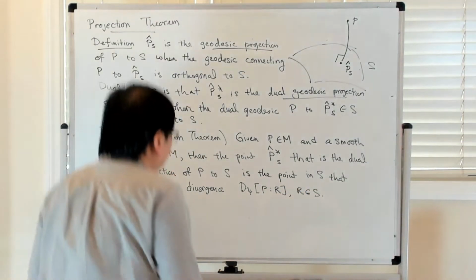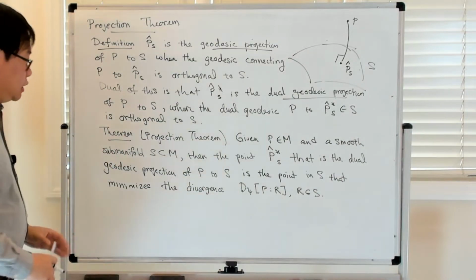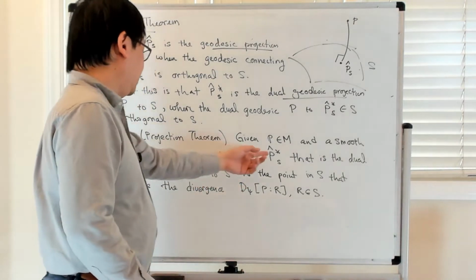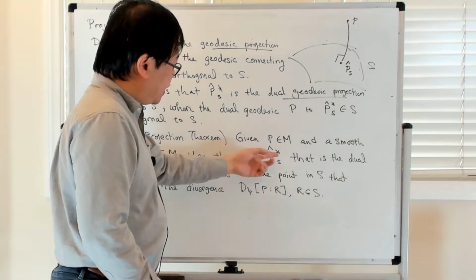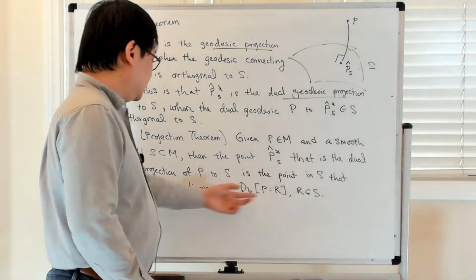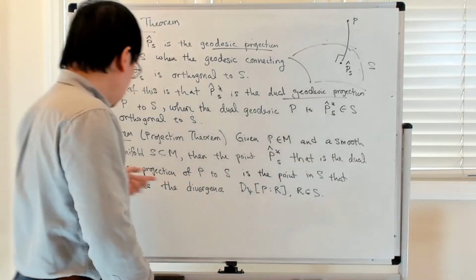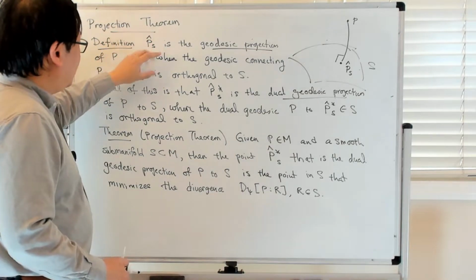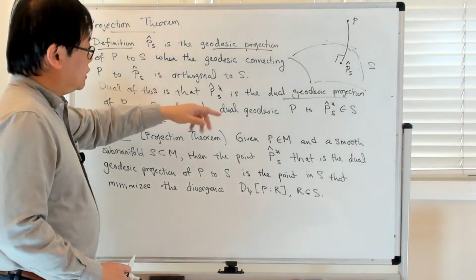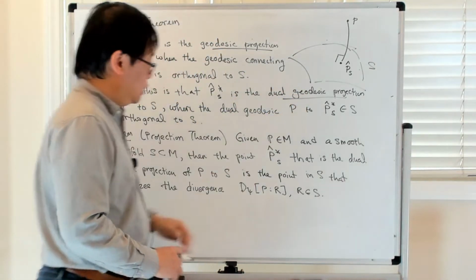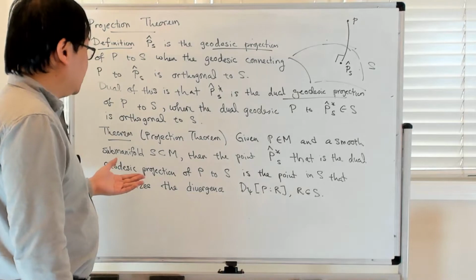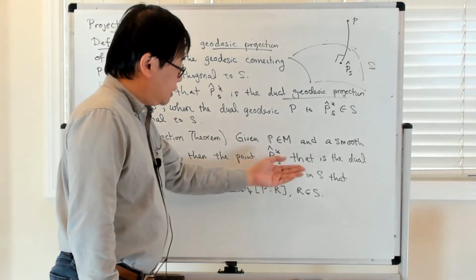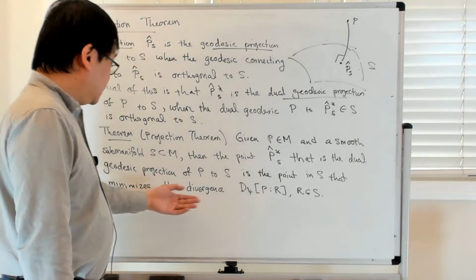Okay, so I should say that I've reworded the theorem slightly. In Amari's book, he first thinks of this point P hat star S as being the point which minimizes this divergence, and then says that this is the dual geodesic projection. But I prefer this statement because we've defined P hat S and P hat star S as the geodesic projections and dual geodesic projections. So it makes more sense to frame the theorem as saying that P hat star S is the dual geodesic projection, and that point also happens to be the point which minimizes the divergence.